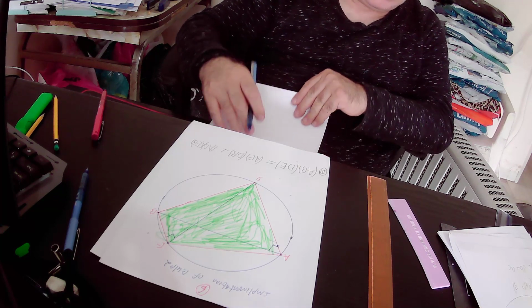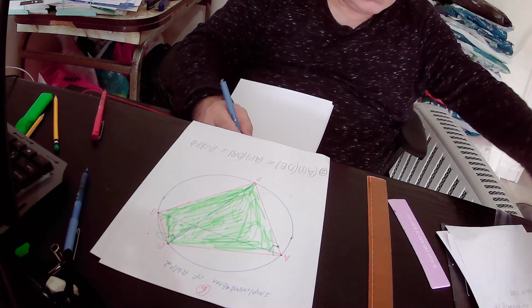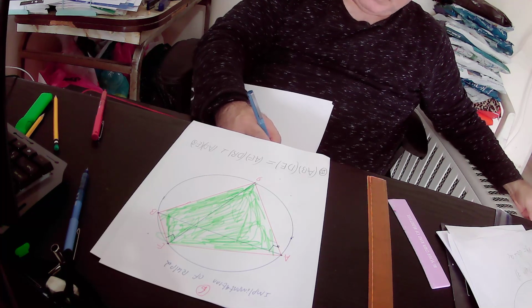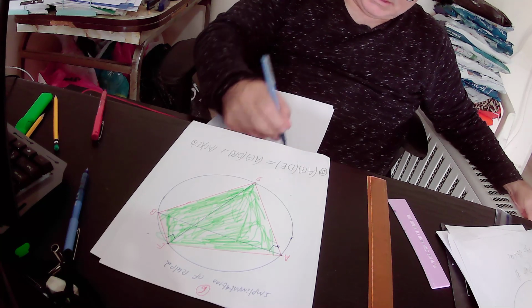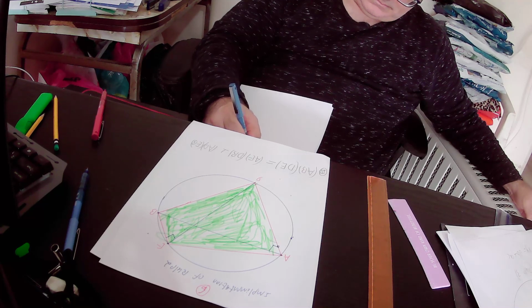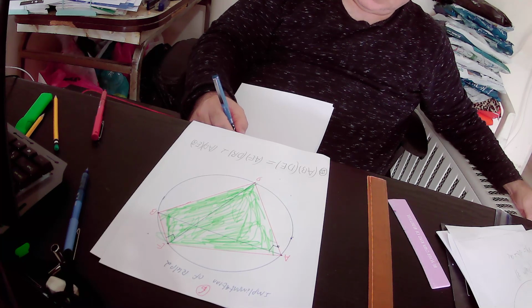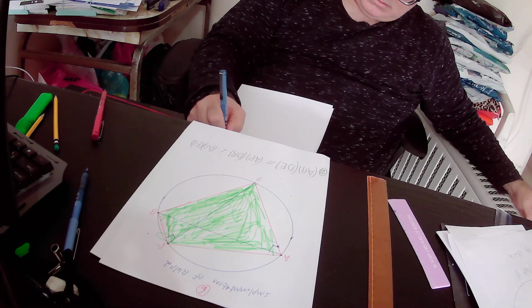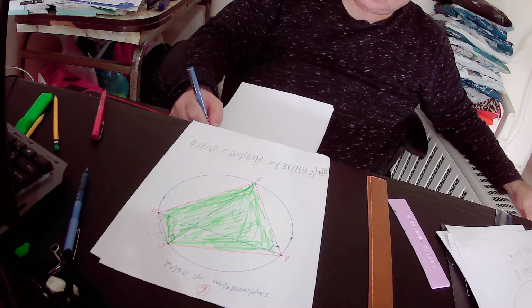Equation number 3 states that AB times DE equals AE times DB plus AD times EB.